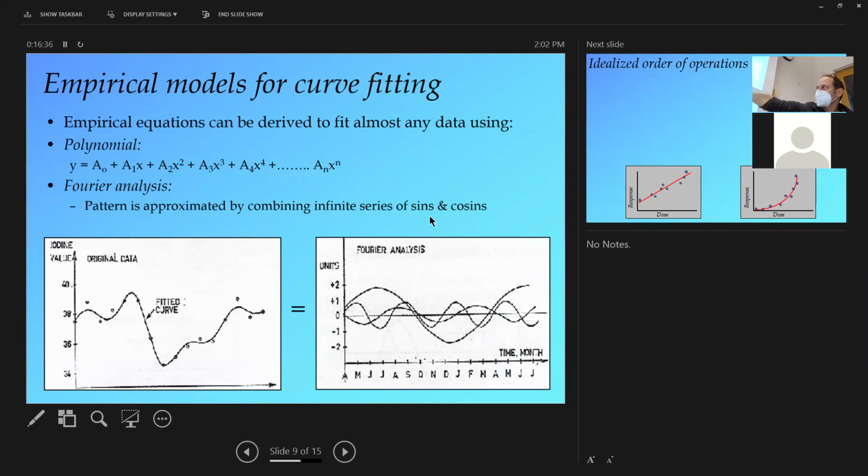So you can approximate that by adding together a bunch of waveforms. It's not critical that you understand this for this course, but I'm just saying you can get really sophisticated with your empirical modeling and basically take almost any data set, fit a curve to it, if that's your goal.